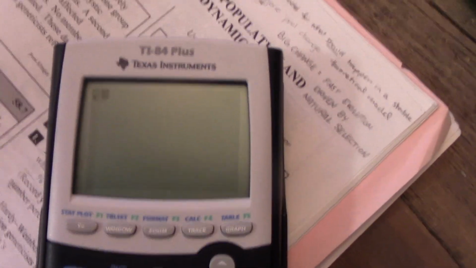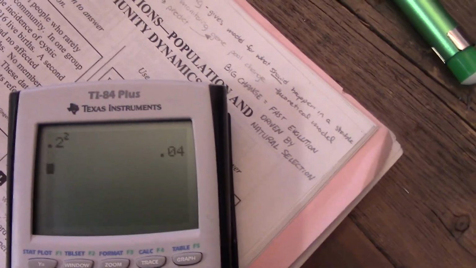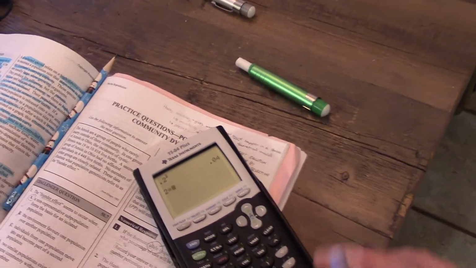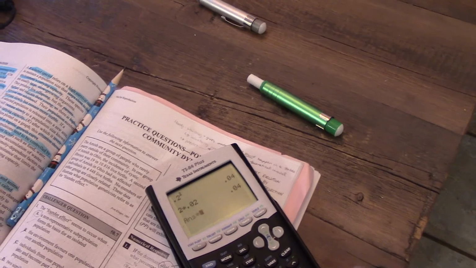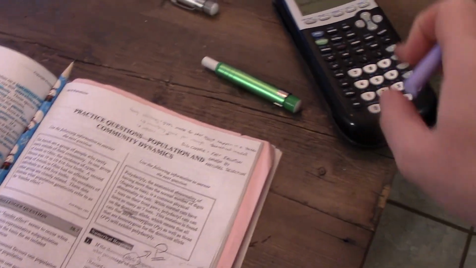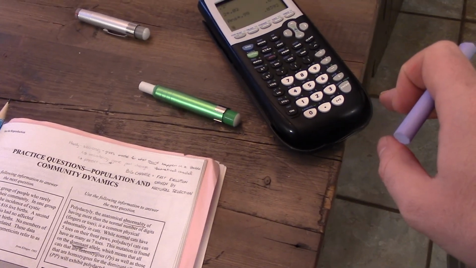Okay, so 0.2 squared is 0.04. Then 0.04 plus 2 times 0.2 times 0.98, which is 0.0392.